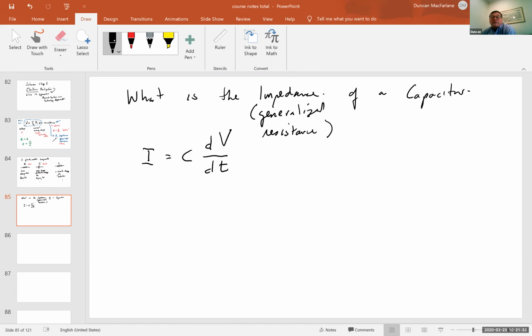So if the voltage has a rate of change, if it's a signal that has a derivative on it, then the current that flows is the slope of that signal. It's the rate of change of that signal. So the current is related to a derivative of a voltage, not the voltage that we saw in the resistance. So there's a bit of a difference here.